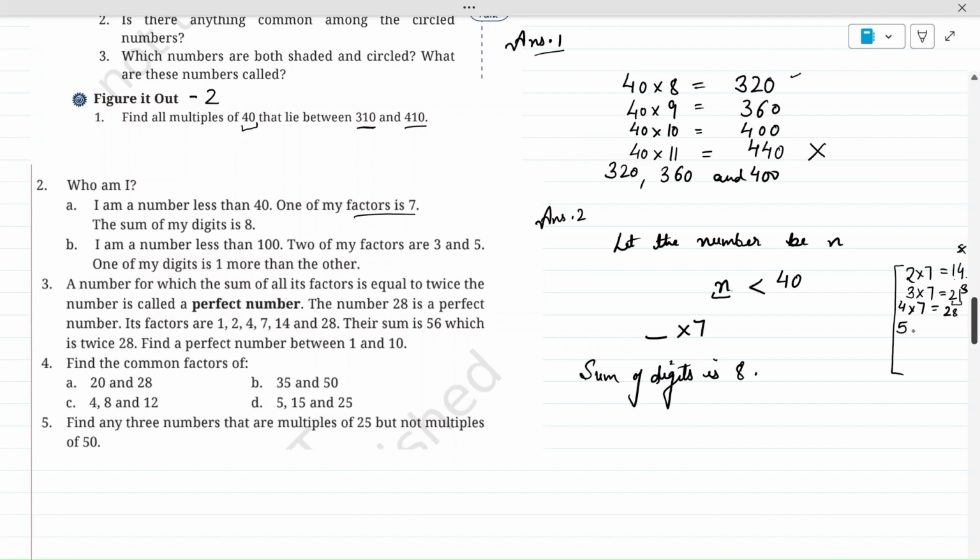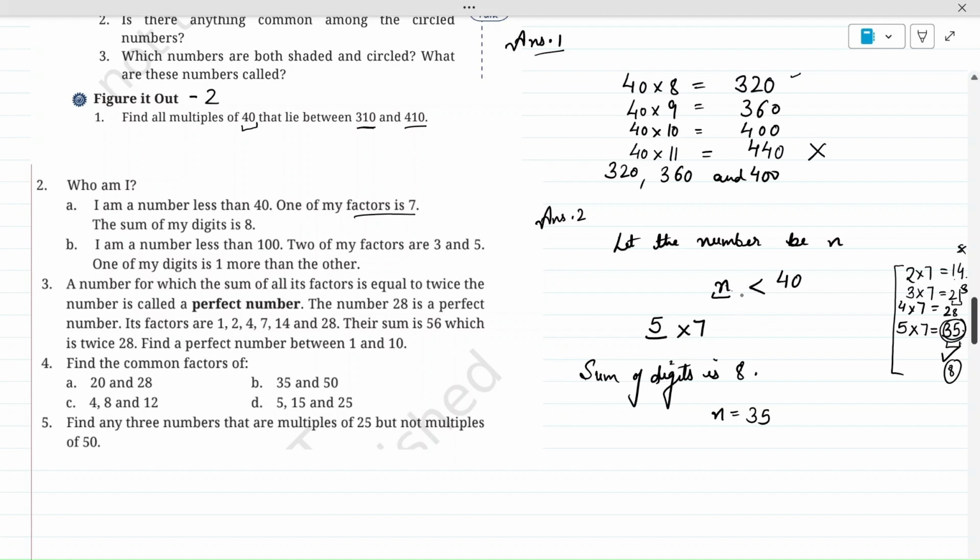Now I will take 5. 5 multiplied by 7 will give me 35, and if I add these two digits, 3 plus 5, it will give me 8. So this is the number we were looking for, 35. That means the value of n is 35 here, and the two factors are 7 and 5. I hope you understood this.